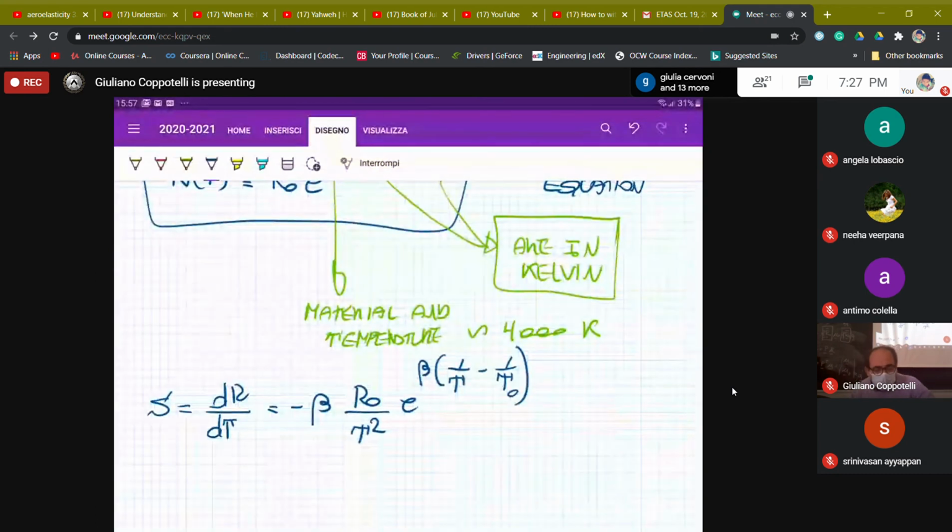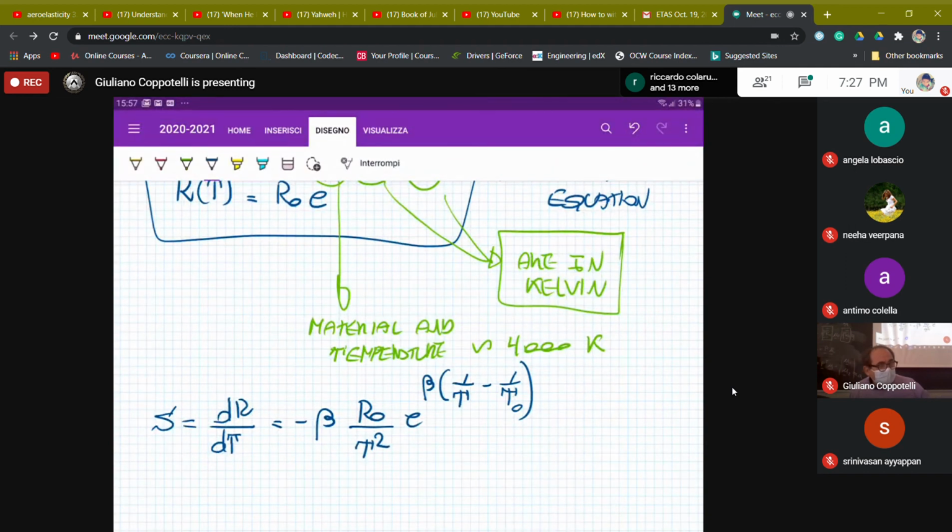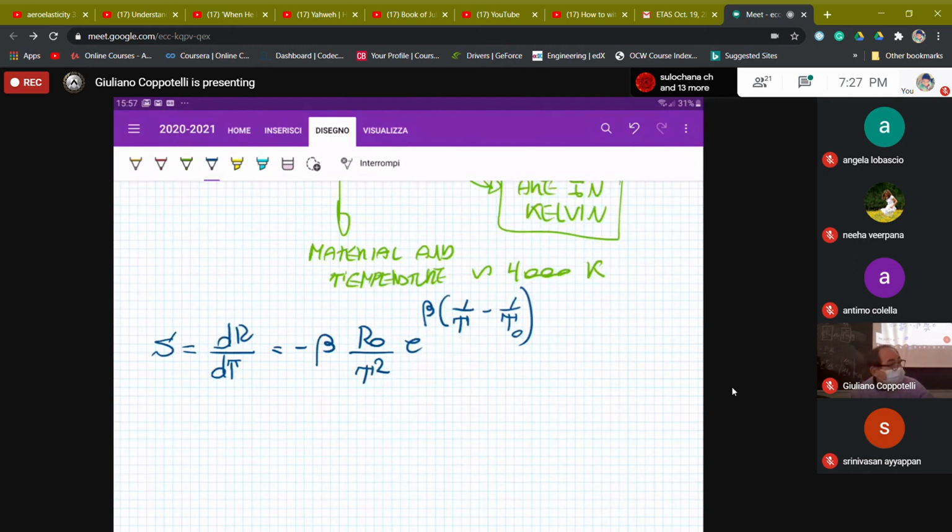We can also refer to the linear behavior, that is the resistance-based thermometers, just by defining a sort of gamma star.